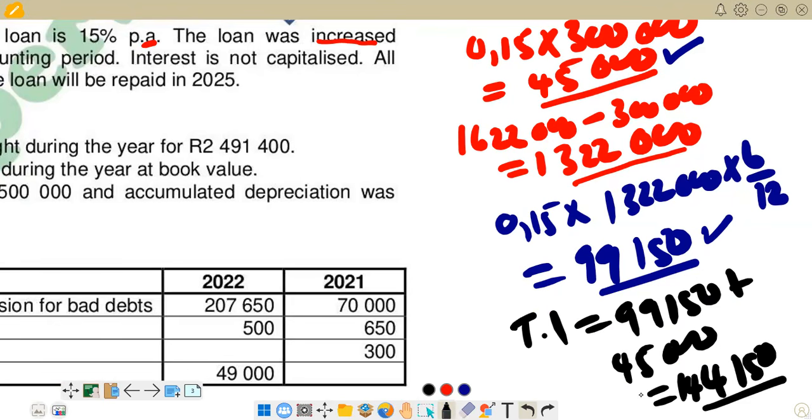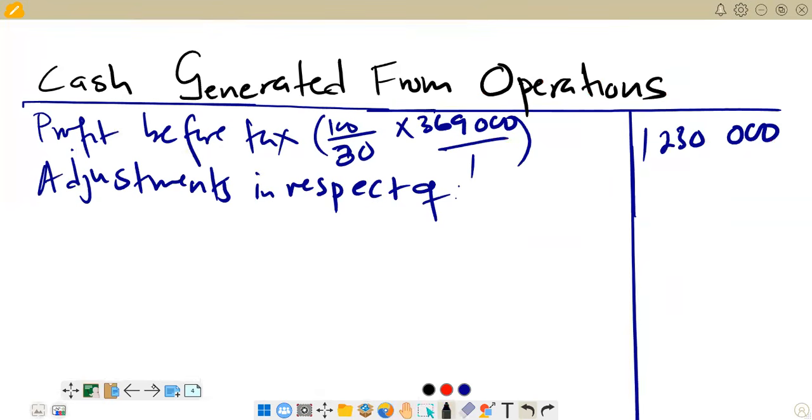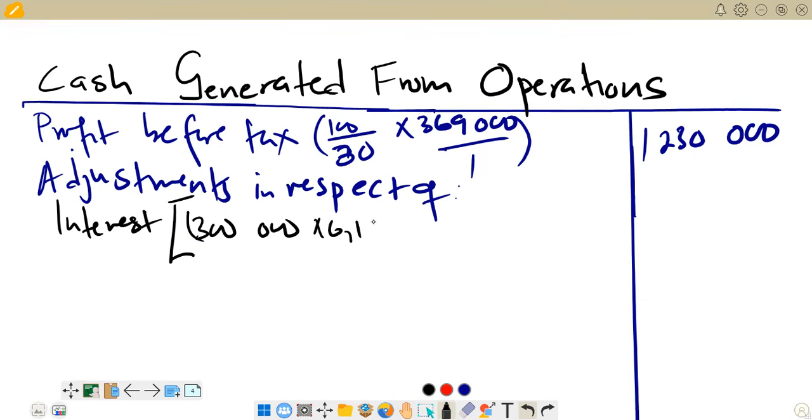So we can just go there and summarize the working that we used to find the figure for total interest. Here we can say interest, and we put in brackets the calculation. Remember, we just summarize the working that we did there. We said 300,000 for the first one, and we multiplied by 0.15. That's why we got 45,000.